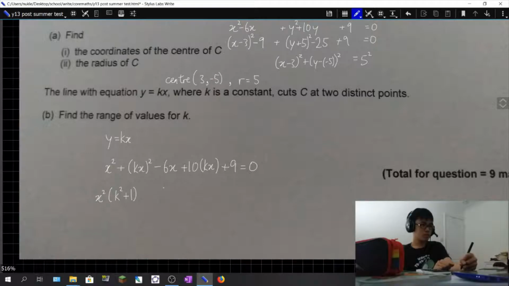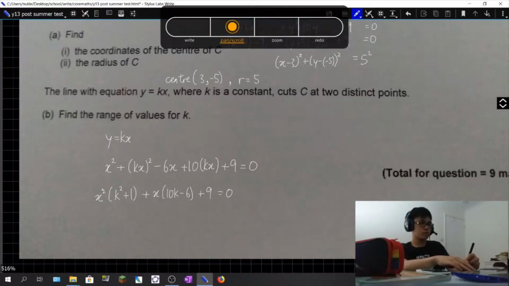Okay, and then here you have 10k, you have negative 6. So you're going to factorize out the x, and you're going to get 10k minus 6, and then your constant term plus 9 is equal to 0. That looks like a quadratic equation.